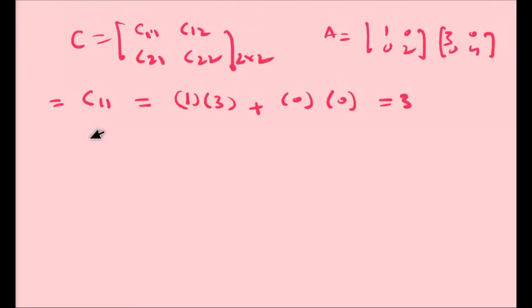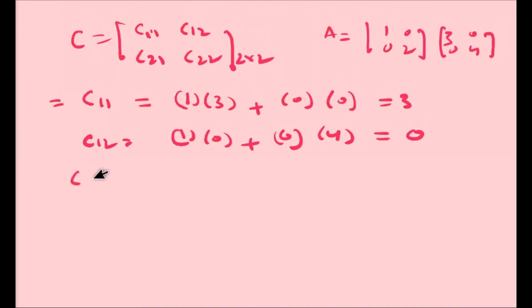Okay, so now C12, first row 1, 0 and second column 0, 4. So what we get here? That is 0. Now C21, second row and first column 3, 0.